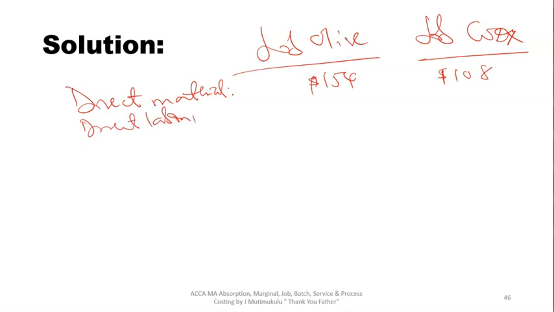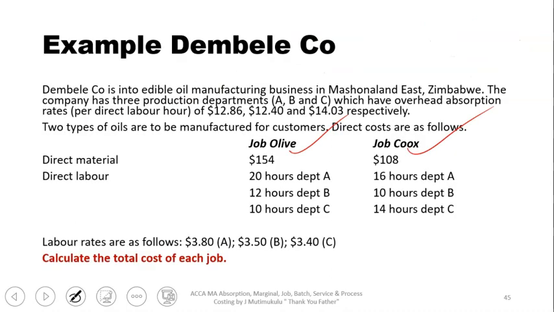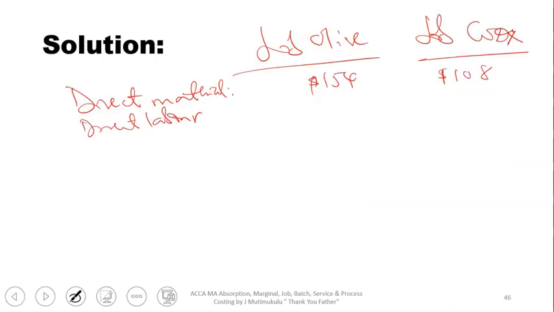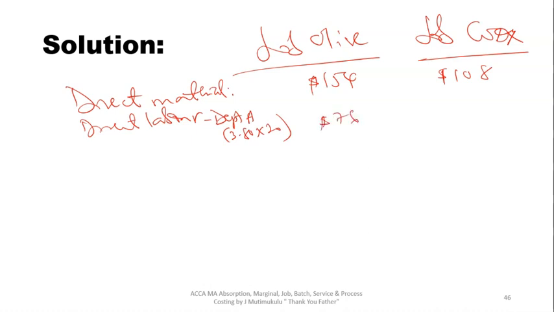Direct labor is per department. We've got departments A, B, C. Let's start with the job olive work: there is 20 hours in department A, paid at $3.80. So $3.80 multiplied by 20 hours gives us $76.